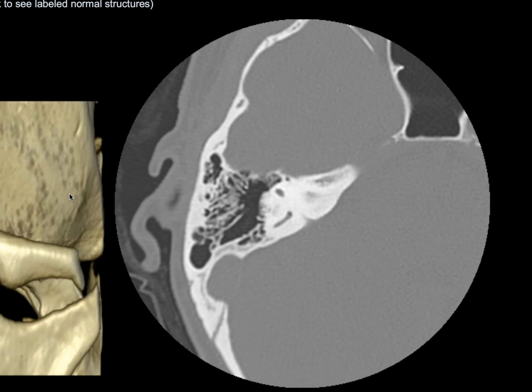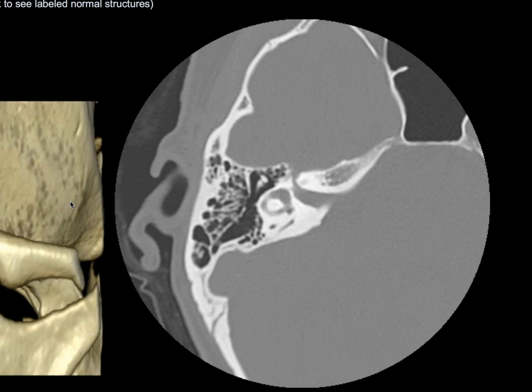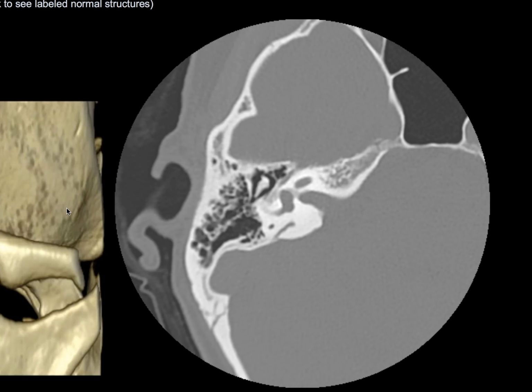Going a little bit under, you see the vestibule and the lateral semicircular canal and parts of the posterior semicircular canal. Here, this portion in the posterior part is the vestibular aqueduct.